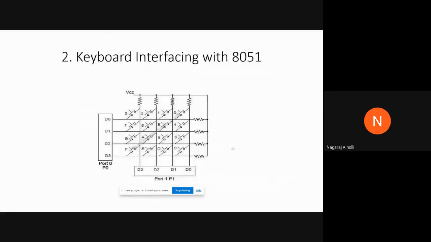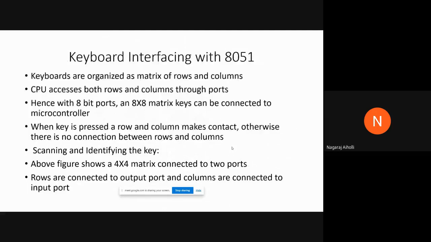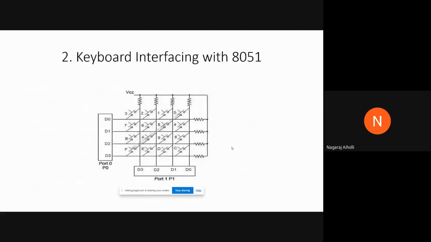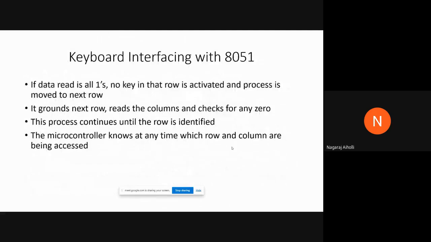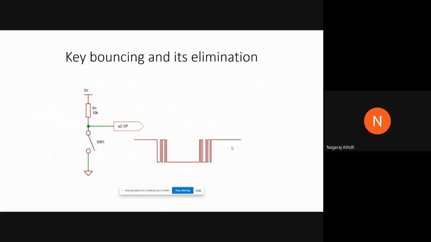Next is interfacing of 8051 microcontroller to keyboard, how the keys are identified and scanned, scanning and detecting the key pressed, which is an important question. Many times it has been asked in examination. And what is key bouncing and its elimination?